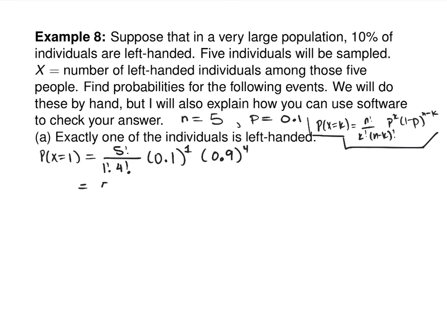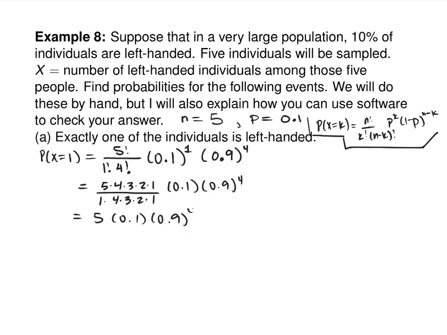So 5 factorial is 5, 4, 3, 2, 1. 1 factorial is 1, then 4, 3, 2, 1. Notice that the 4, 3, 2, 1s cancel. We have 5 times 0.1 times 0.9 to the 4th, which comes out to be approximately 0.328.